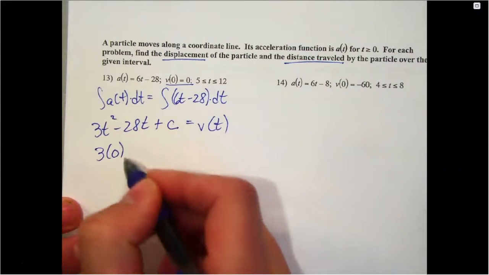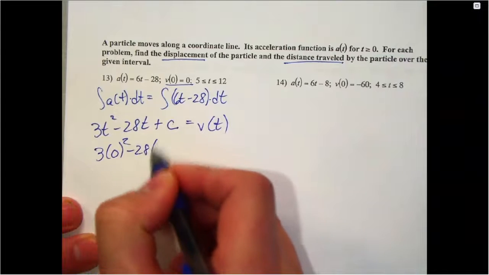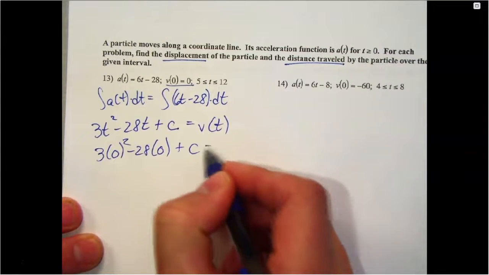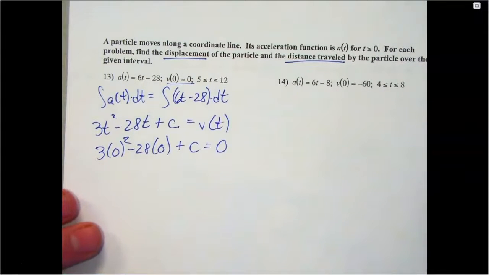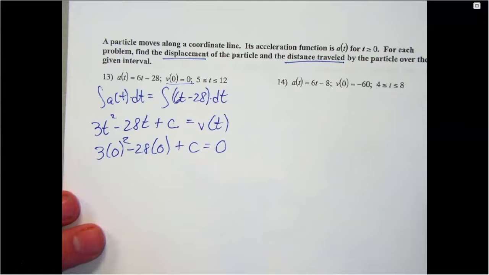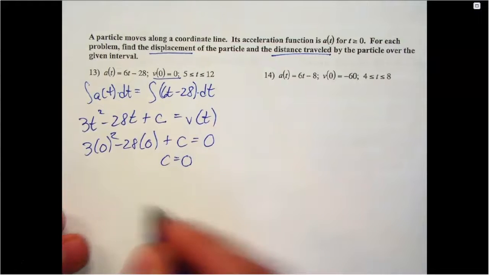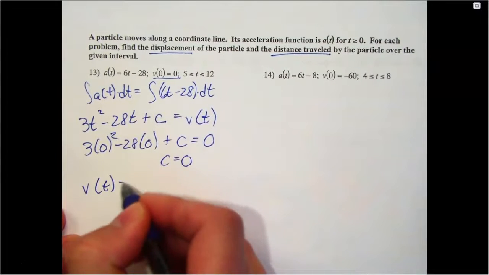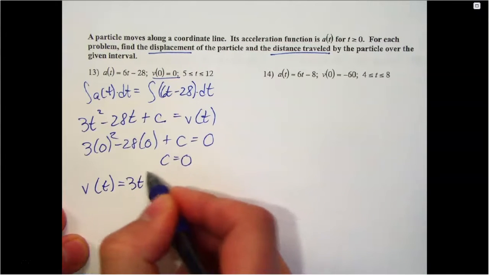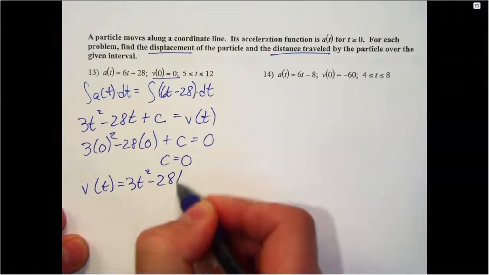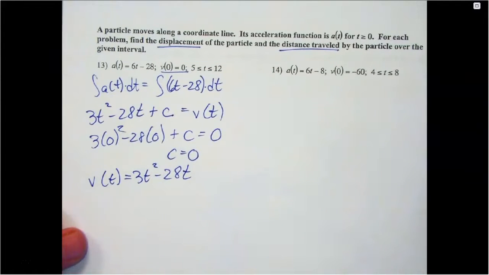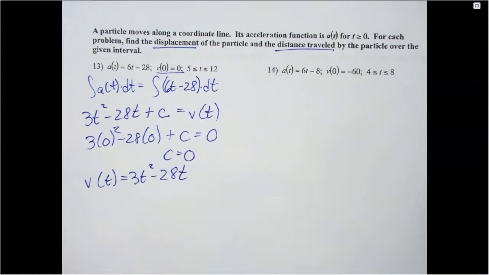So when t equals 0, velocity actually equals 0 also. So that's like an initial velocity of 0. Yeah, so c equals 0. And your velocity function is 3t squared minus 28t.